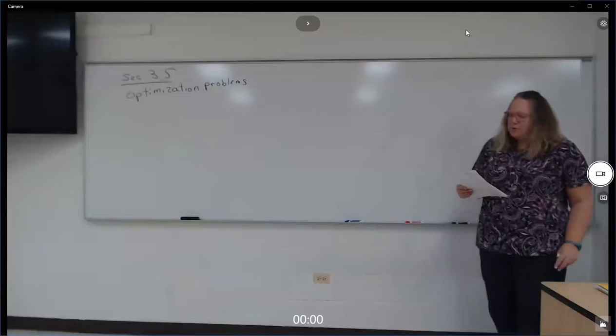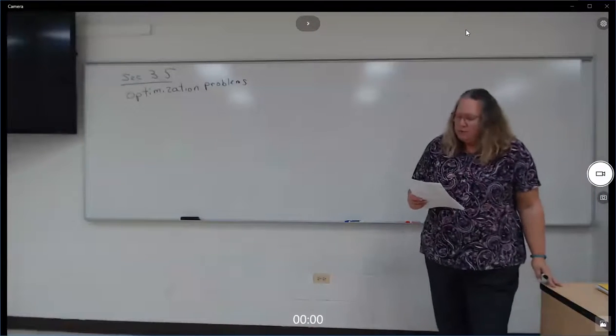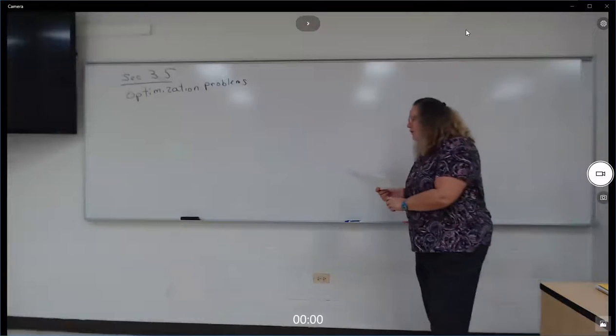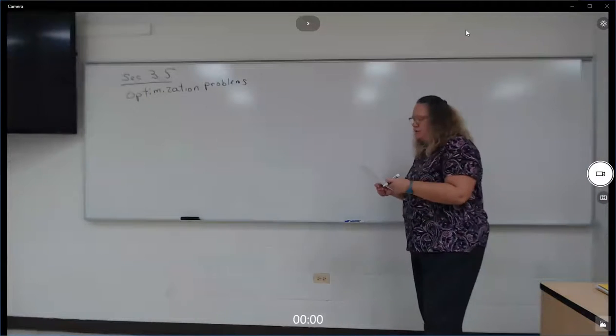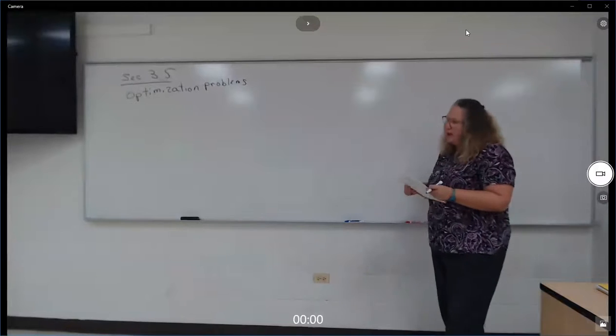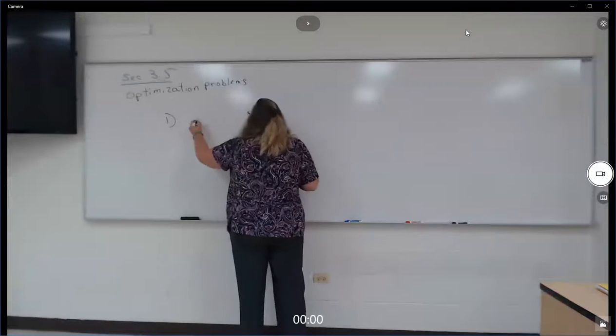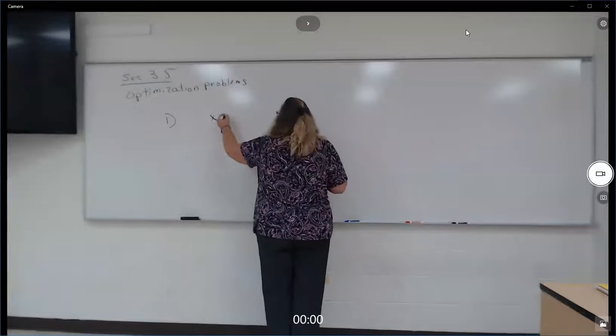Find two numbers whose sum is 24 and whose product is a maximum. So there's some restrictions here. There's two numbers and the sum has to be 24. So this is example 1. Let the numbers be x and y.